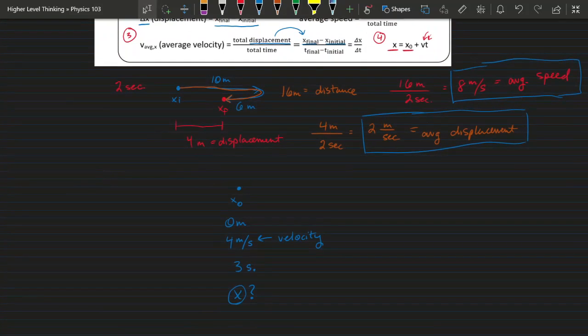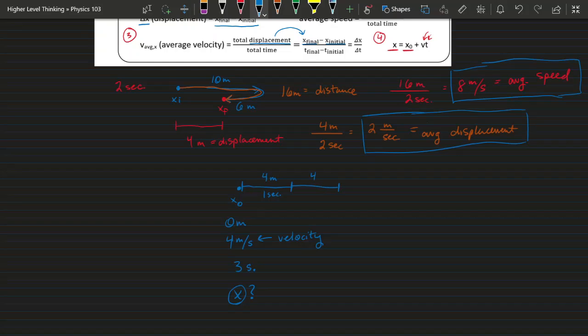So a good way to represent velocity, or at least how I like to do it, is bracket the amount of distance you travel per second. So if I'm traveling for 3 seconds, and I know my velocity is 4 meters per second, or in other words, I'm moving 4 meters every second, this represents 4 meters and 1 second.